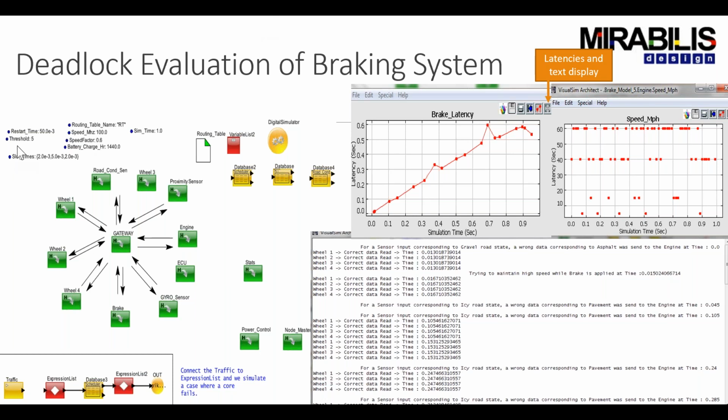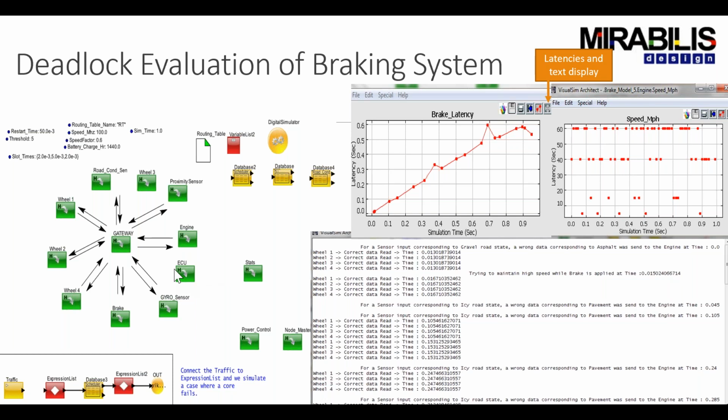What we're looking at is a set of wheels, the 4 wheels, and a bunch of sensors. Some of them are road condition sensors, proximity sensors, the manual braking by the user, things like that. And of course, you have the engine ECU right over here.